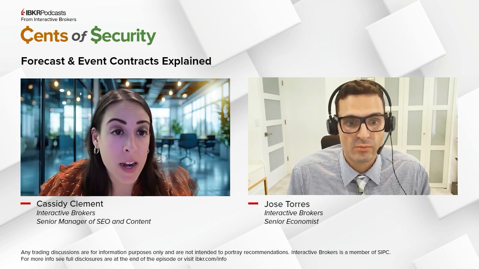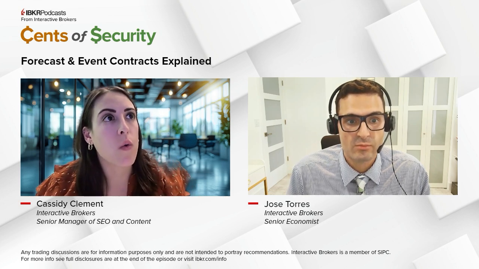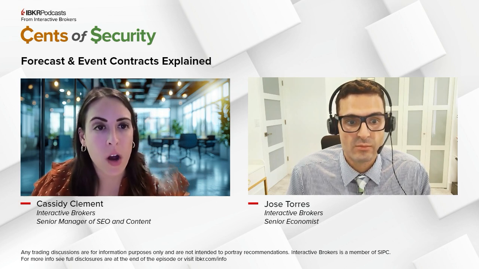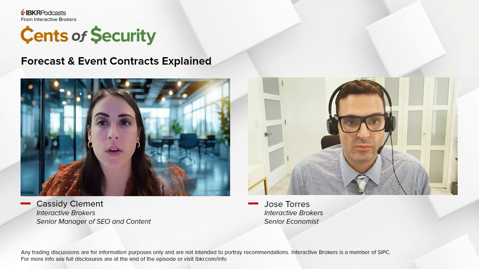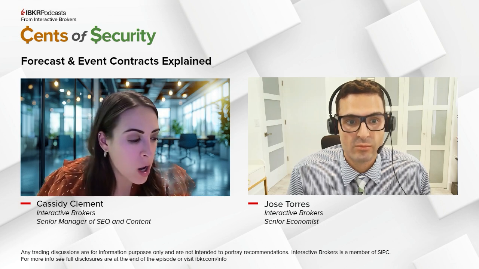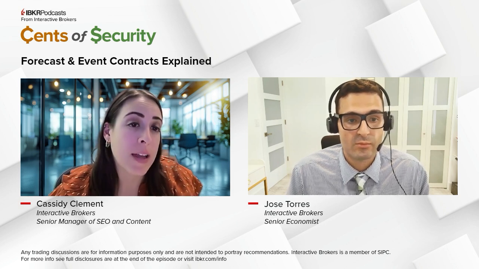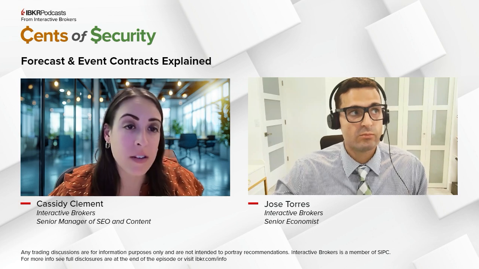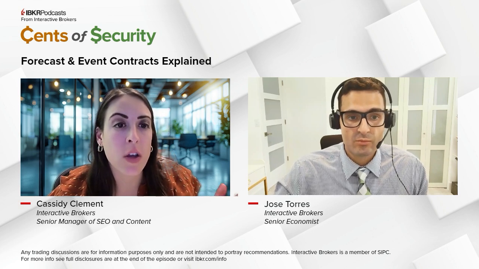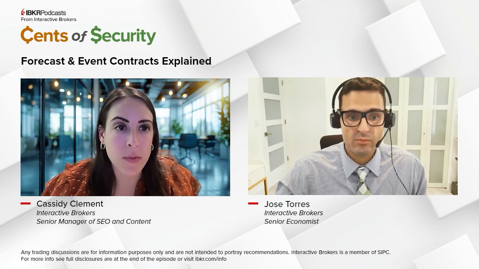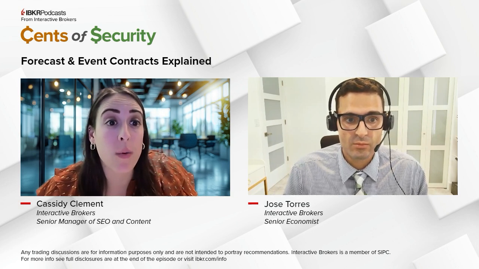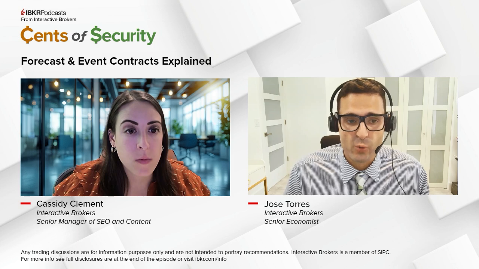So that leads me into my next question. We mentioned interactivebrokers.com. Of course, IBKR Campus also has a ton of information. But what are some questions that investors should ask themselves before entering the futures or event contract space? And how exactly should they go about looking for resources or supplemental research if they decide to go into the space?